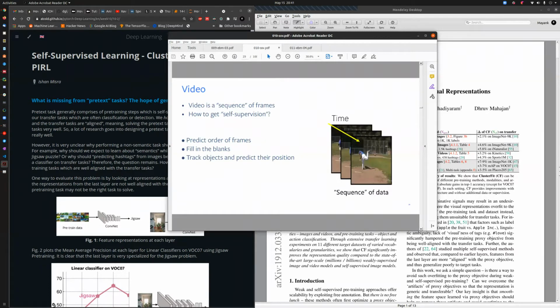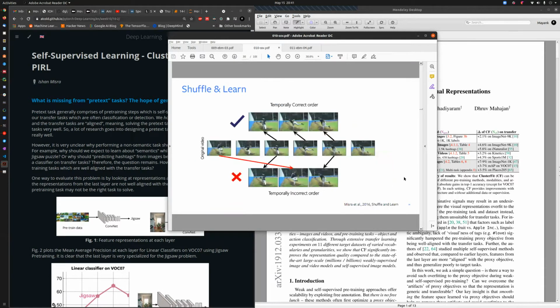And this is using a video to get the self supervision, and we have to fill in the blanks or track the objects and predict their positions here. So this is shuffle and learn, which, as the name implies, is trying to get the particular middle frame with respect to the images from starting to the end.